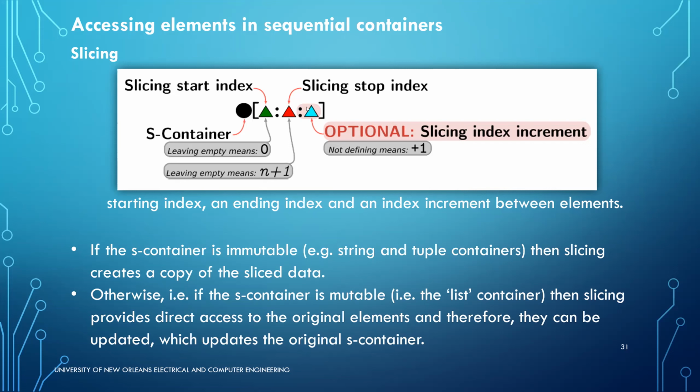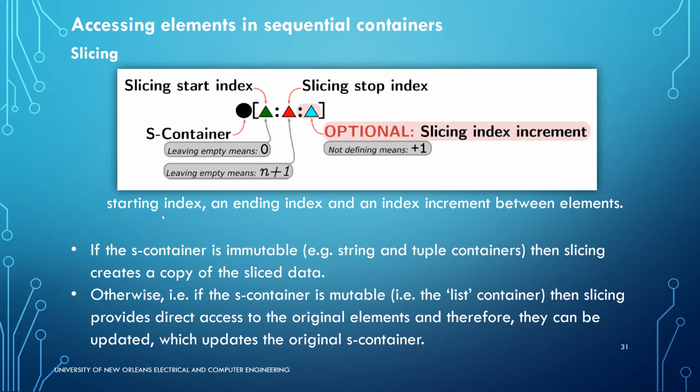And if we leave the stop index also empty, it means that we're going to just keep indexing one element at a time. So remember that if you don't see a number associated with any of these indexes, remember what that means. If the first is empty, it means that we start at the index 0. If the middle one is empty, it means that it's just going to keep going one element at a time. And if the last one, the index increment, is also empty, it means that it's going to increment by 1.